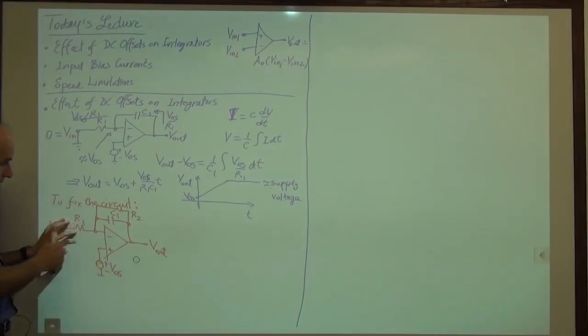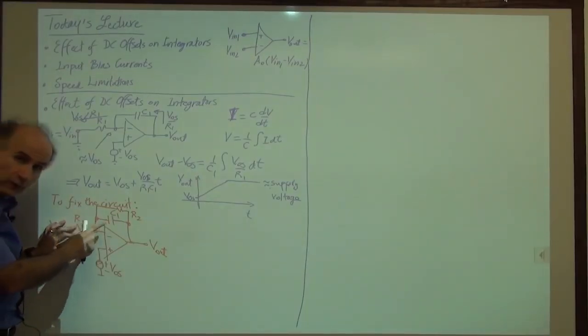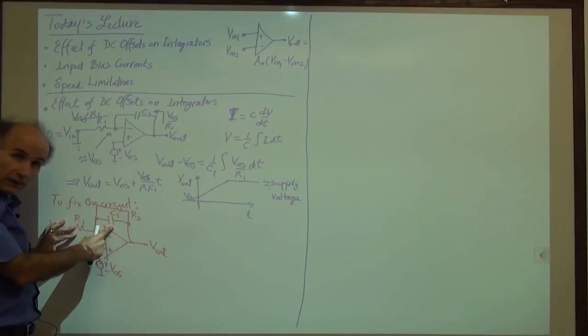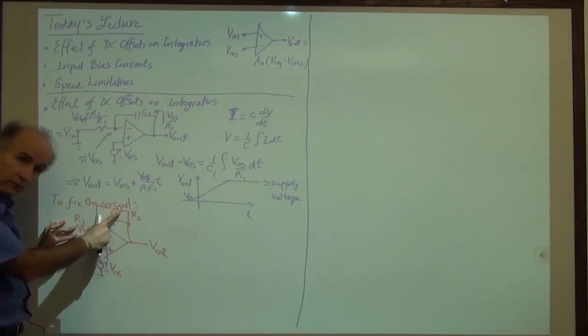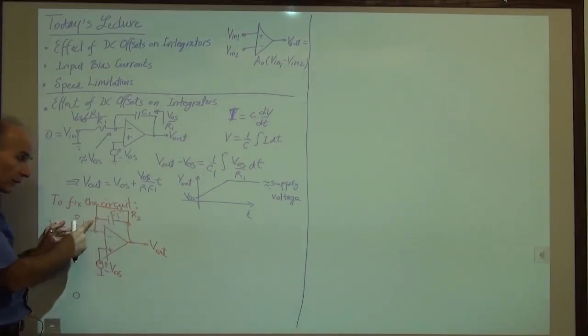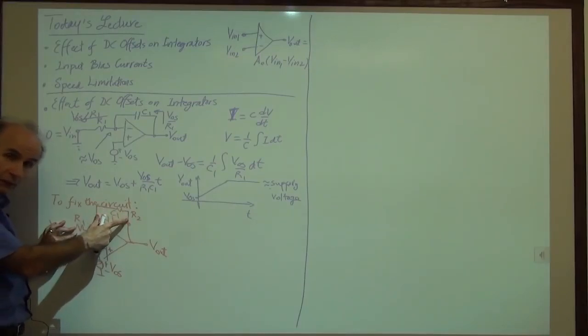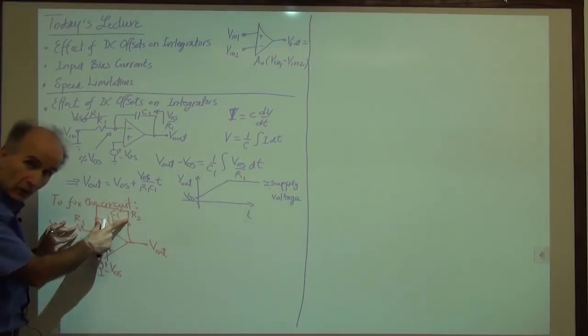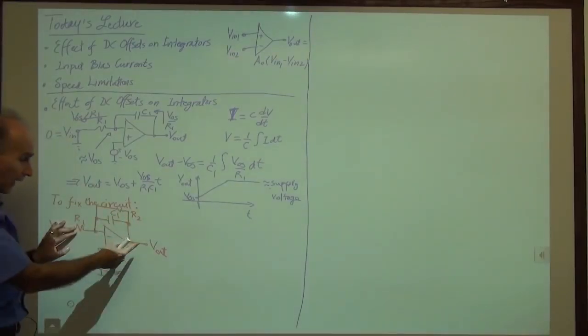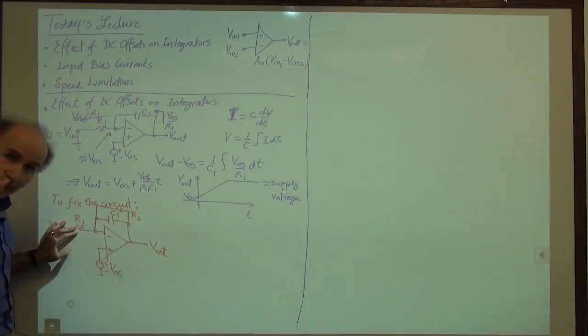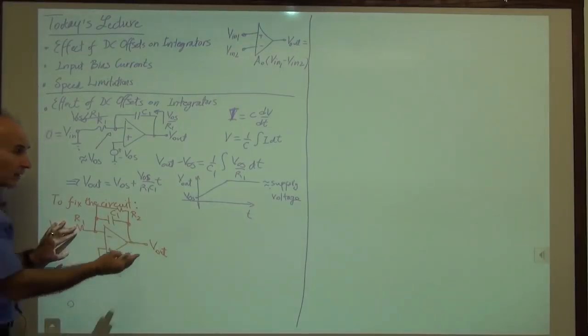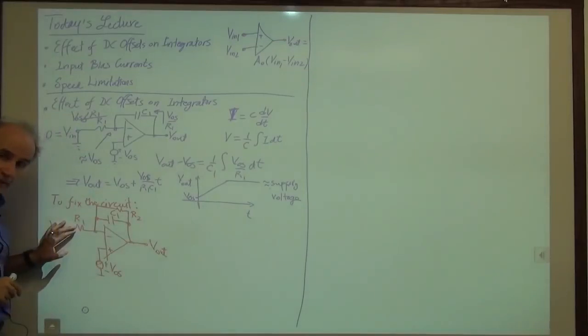But here the current through R1 doesn't have to flow through C1, at least at time infinity. It can flow through R2. So if it flows through R2, it generates a voltage, but that voltage does not grow with time. It's just a constant amount. So the output will have a constant error in it, but not something that grows with time and saturates the op-amp.